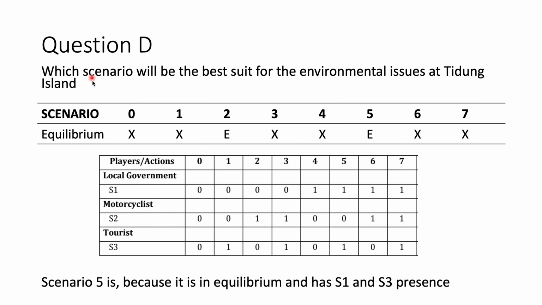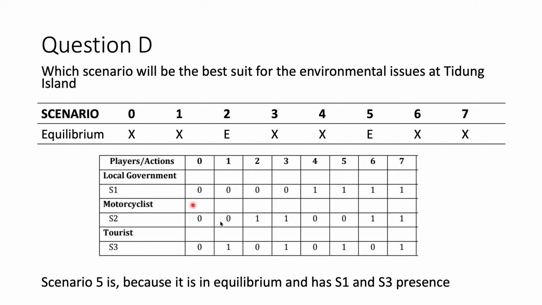Next, for question D, which scenario will be the best suited for the environmental issue at Hidung Island? As we can see from the tally before, the equilibria are 2 and 5, but we choose scenario 5 as the best suited for environmental issues because it has S1, the local government, and S2, the tourist presence.